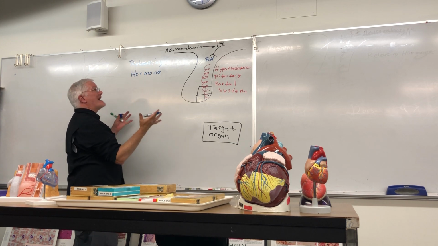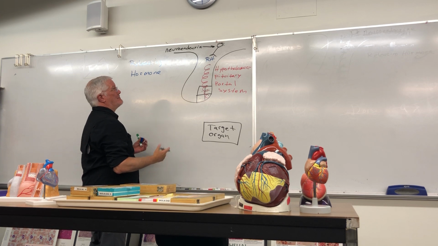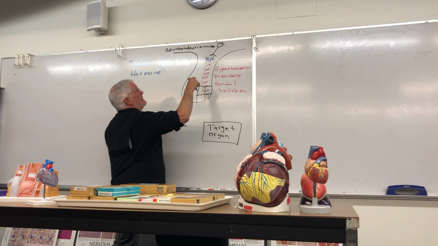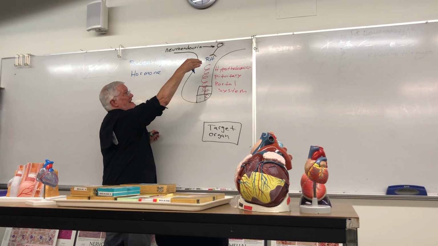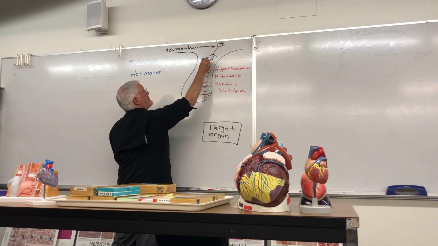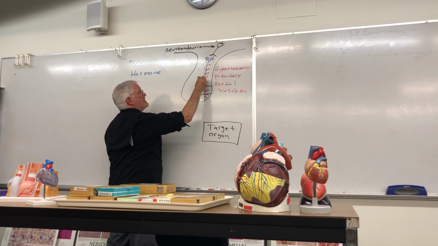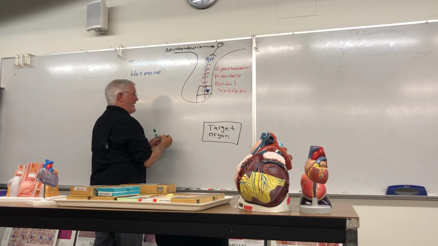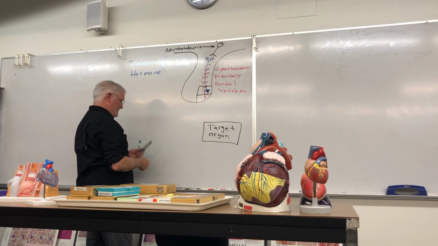Some call it a regulatory hormone, but RH stands for releasing hormone. It's just the type of hormone that it is. It's not the actual name of a specific hormone. And that hormone is going to travel through my hypothalamic pituitary portal system, and it's going to get to a cell located in my anterior pituitary. I don't care which of those 4 boxes you take it to.